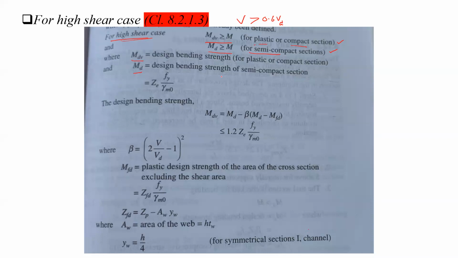Now, how do you calculate the value of MD? The MD value is calculated using this formula: ZE into Fy by gamma M naught.